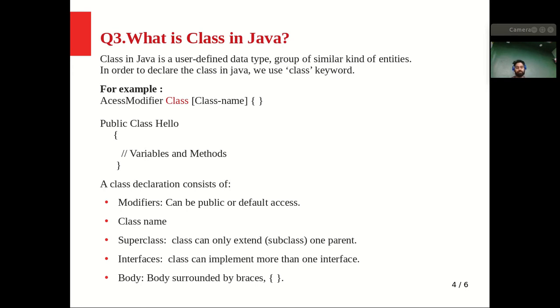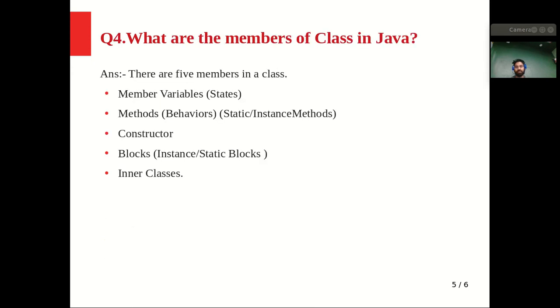So now let's move to the next question you may get: what are the members of a class in Java? So basically, there are five members in a class. It will be member variables, which are like states, and also there can be methods.